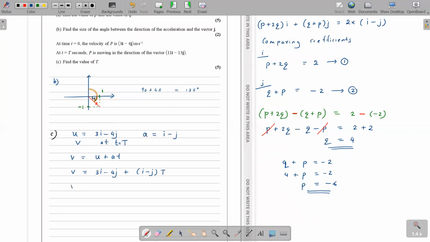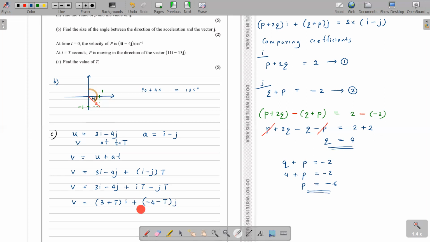I want you all to separate the i terms and j terms. So 3i plus Ti. You could do this in one step at once. So I'm going to separate: this is (3 plus T) times i, and here (minus 4 minus T) times j. Are you okay with this?